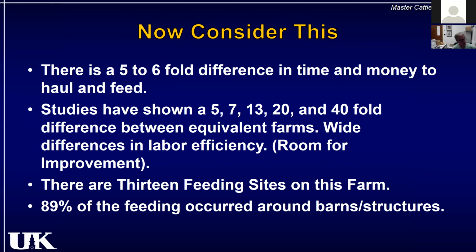So that's 2 different feeding sites on this farm. What I want you to think about is there are 13 different feeding sites on this farm. And I talked about that 5-fold difference.